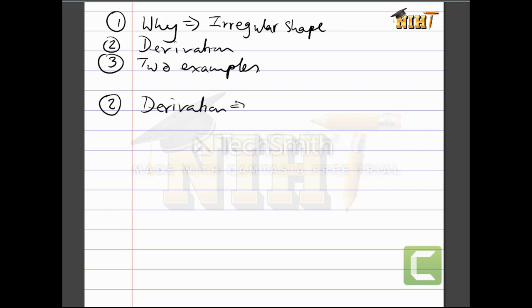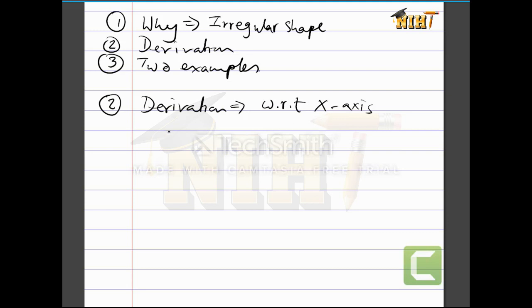For the derivation, we are going to focus with respect to the x-axis for the moment. It is possible to derive the same equations for areas with respect to the y-axis, but for this example, we'll work only with the x-axis.